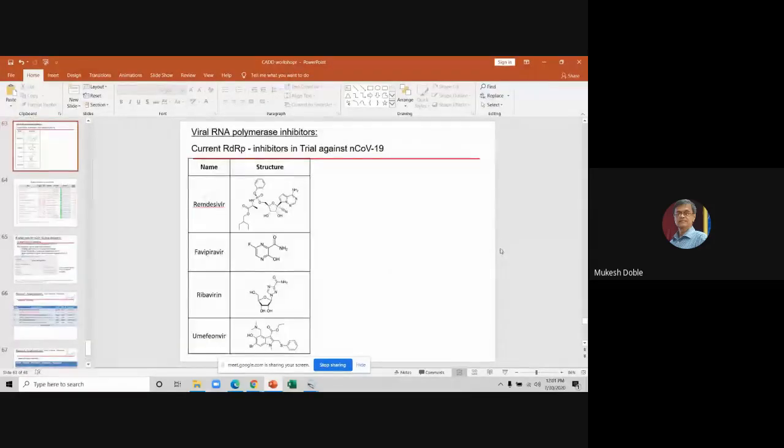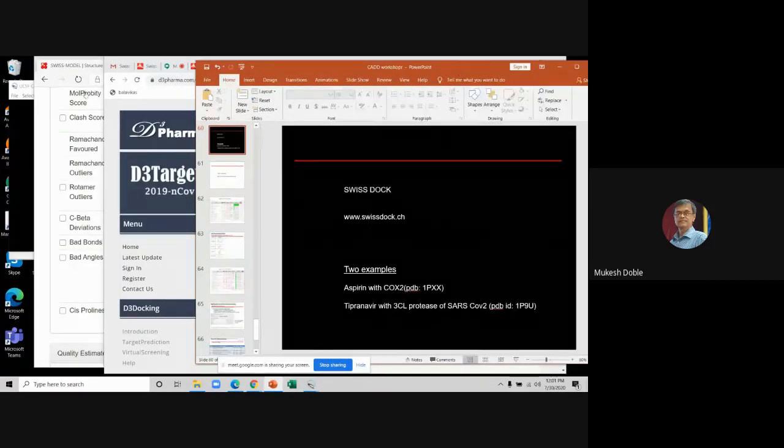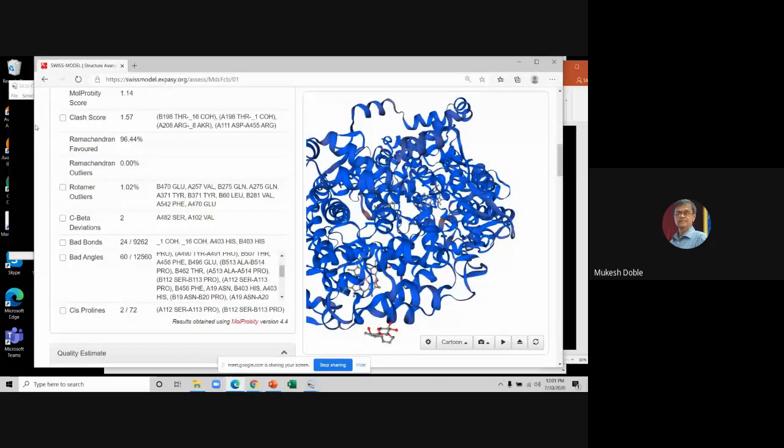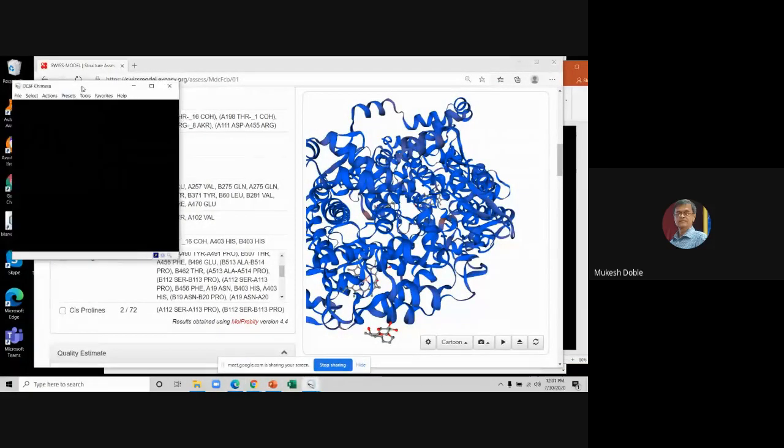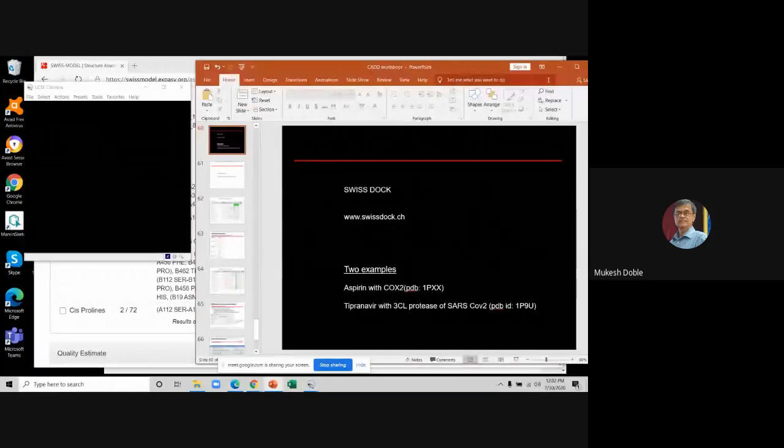Okay, so for your SwissDock, as I mentioned, you need a program called Chimera, UCSF Chimera, or JSmol to view the proteins. Otherwise, you will not be able to view the results of SwissDock.